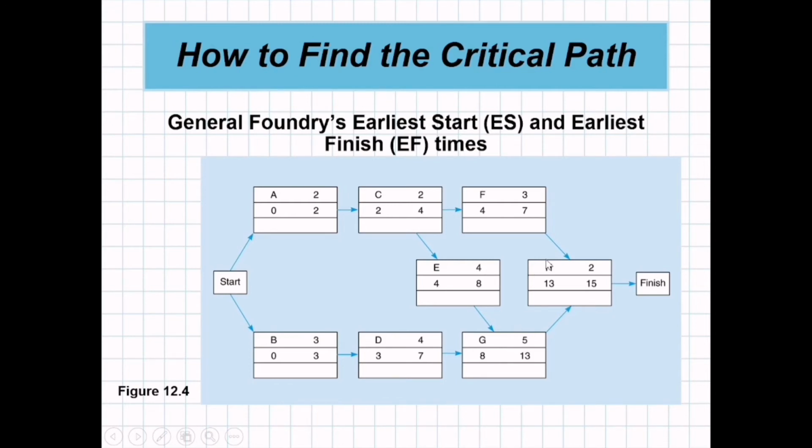Same here, for H the predecessor activities are F and G. We have two earliest finish values, for F and G, 7 and 13. The largest earliest finish is 13. So we carry over the earliest finish here to H. We add 13 plus 2, and the earliest finish is 15.